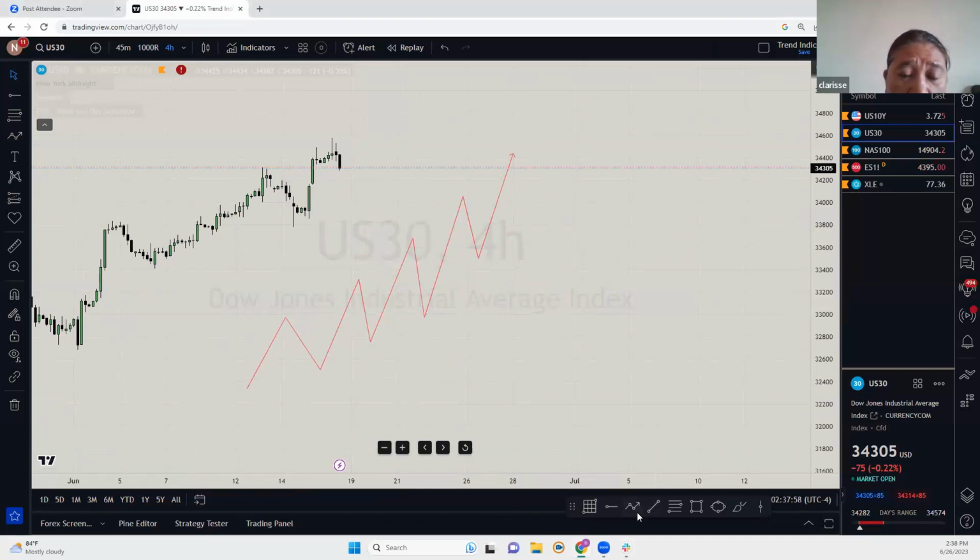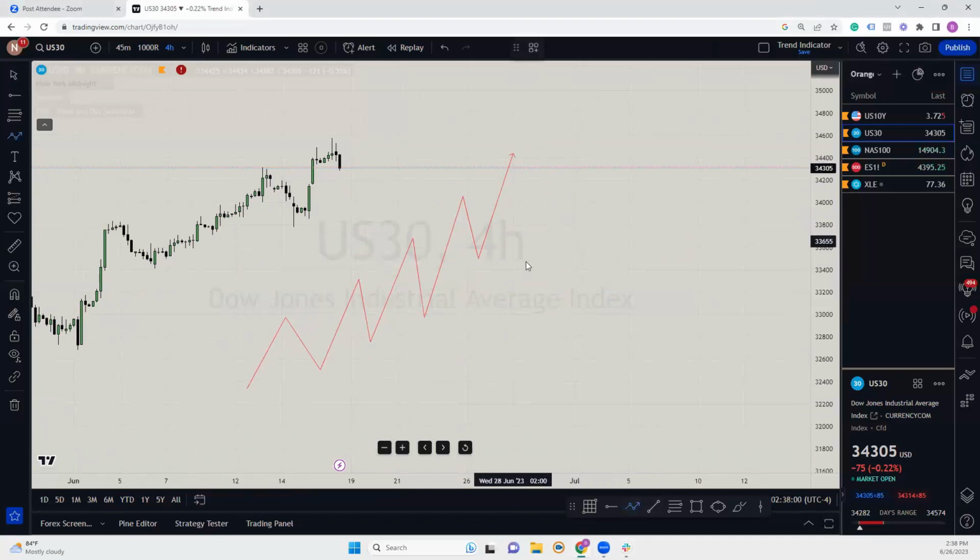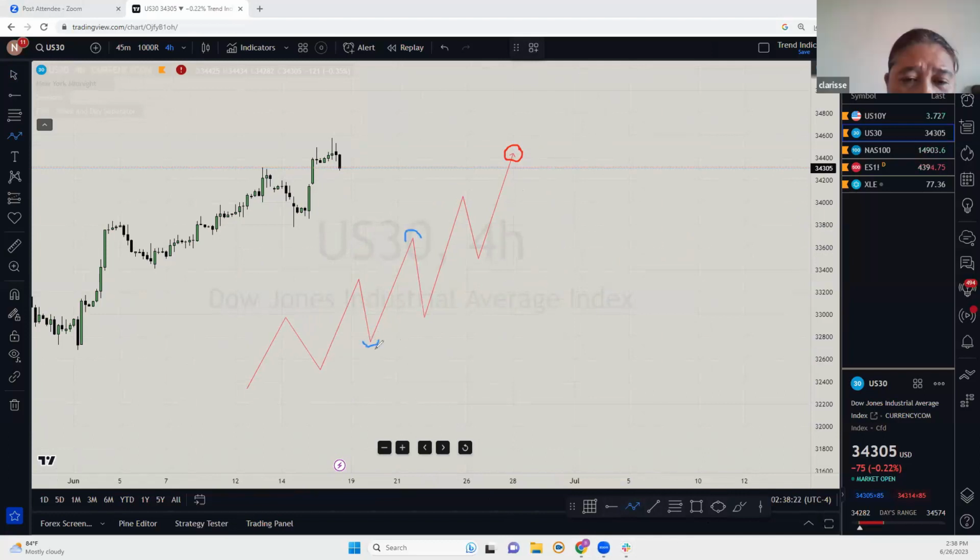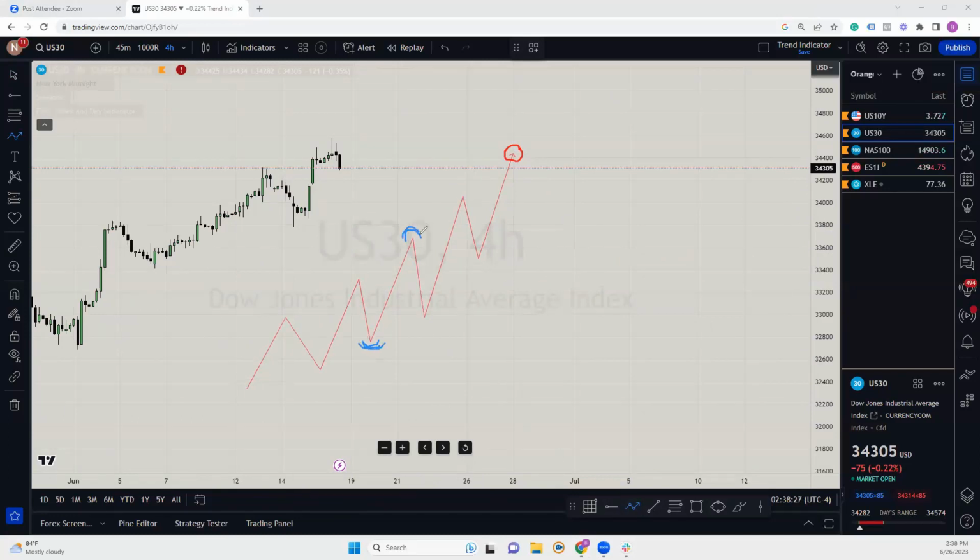Yes. Okay. Now, let's say this is the current price. Let's assume that this is where the price is right now. Every time, in order for the price to make a high, it has to make a low. This low created this high because it took out this short-term high.